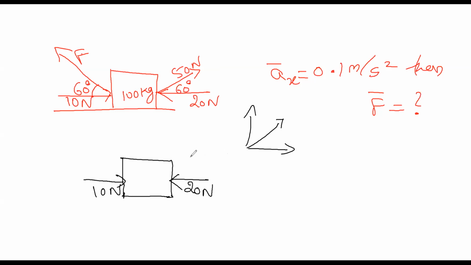In the right side, I mean the opposite side. Like this, 25 Newton. Otherwise, it comes as 25 root 3. Now in the left side, 10 Newton. That's the same direction as the 25 Newton I have drawn.